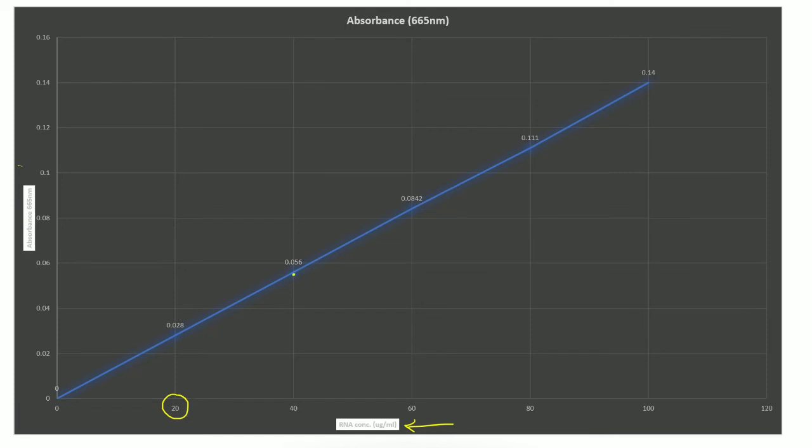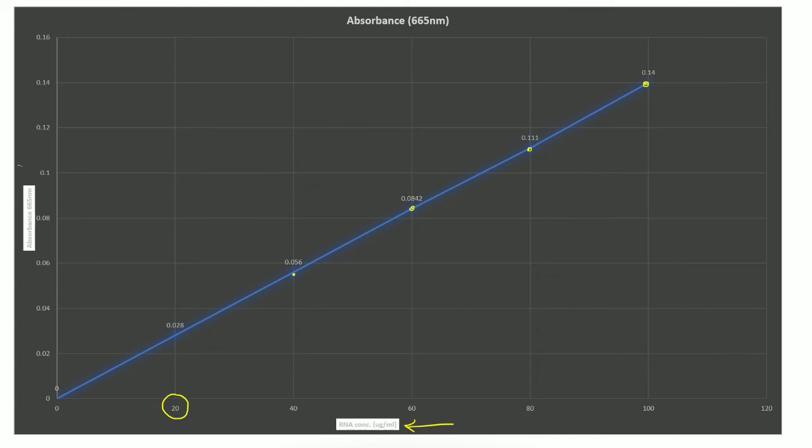Then here the point is 0.056, 0.0842, 0.111 and 0.14. In this manner I have got a straight line. This straight line is from these 5 readings, so the 5 standard tube readings will give you the straight line.